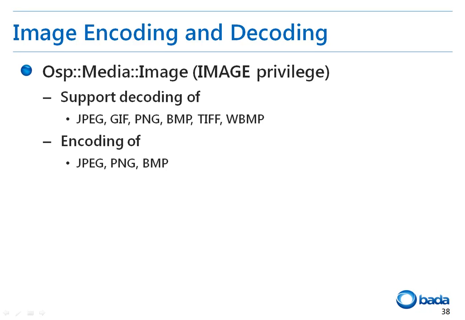The decoding formats supported by the image class are JPEG, GIF, PNG, BMP, TIFF, and WBMP. The supporting encoding formats are JPEG, PNG, and BMP only.